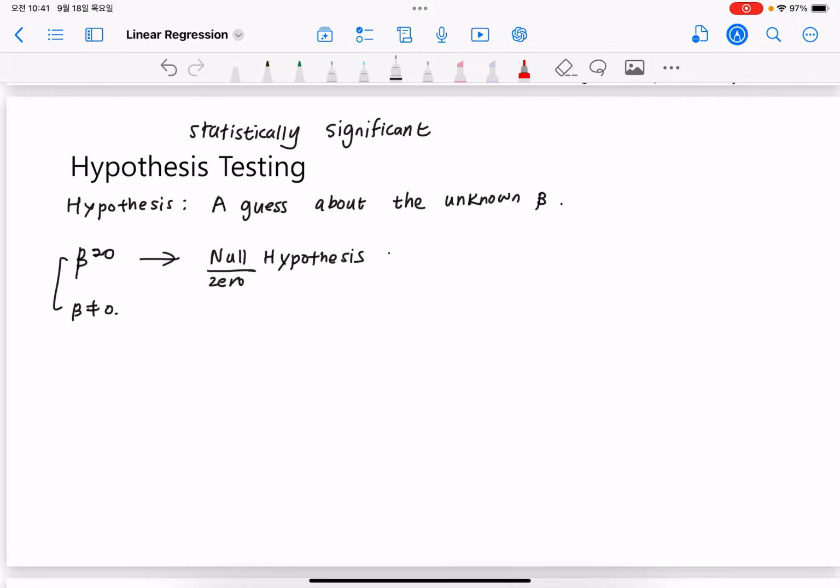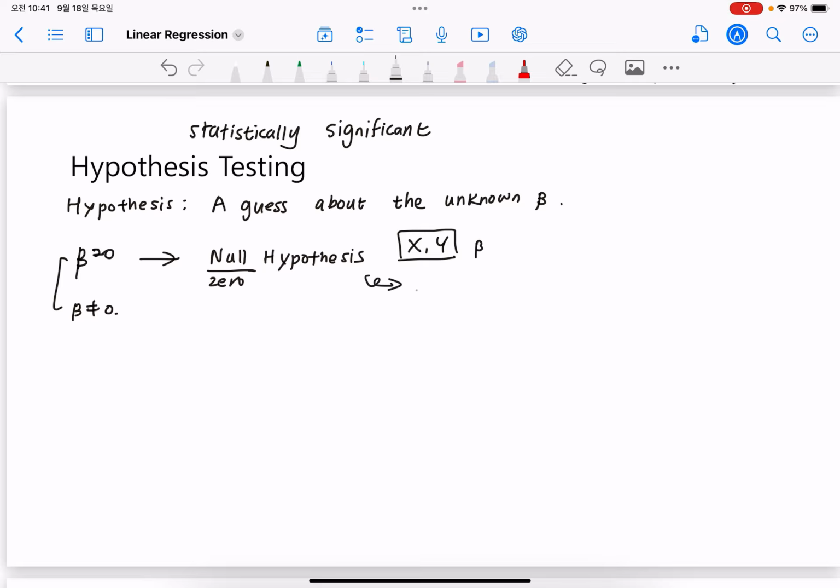And the goal here is, if we want to find that x and y have a relationship, then desirably, we want to have beta that is not 0, right? So the way we form a hypothesis test is trying to see whether we can reject the null hypothesis, right? This is also called H0.